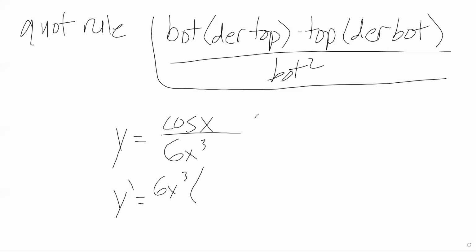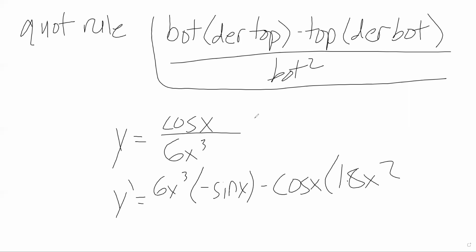The derivative of the cosine of x would be the negative sine of x, right? Minus the top. So that would be cosine of x times the derivative of the bottom. So that would be 18x squared, all over the bottom squared.